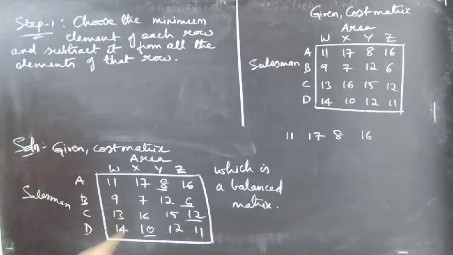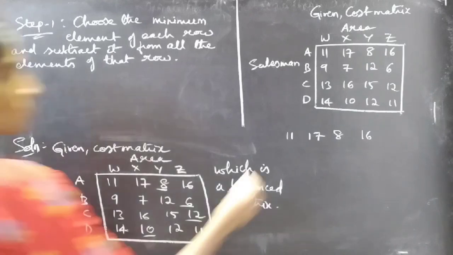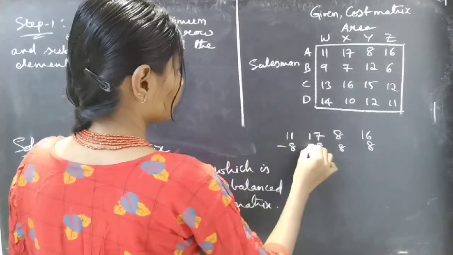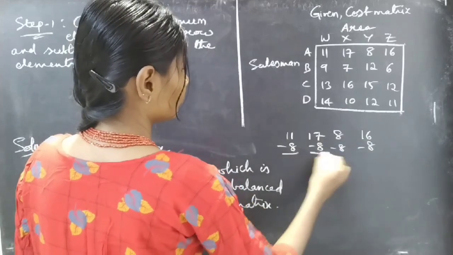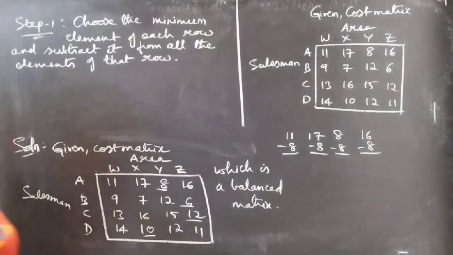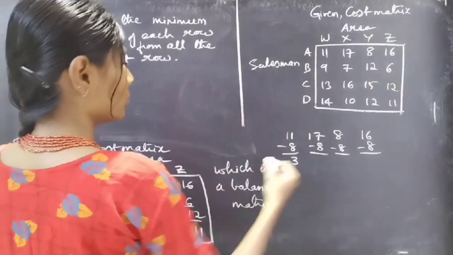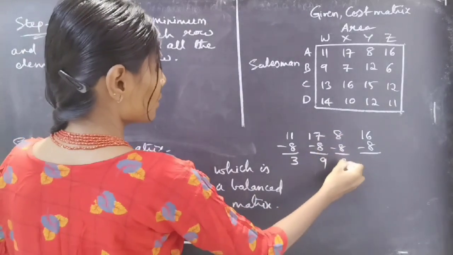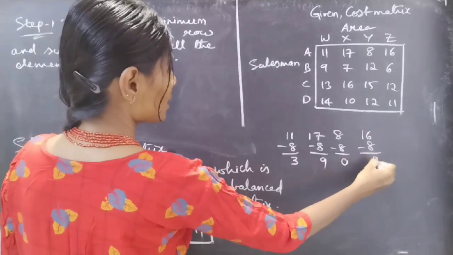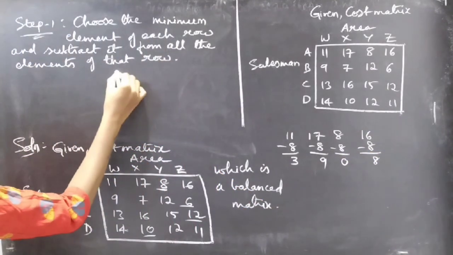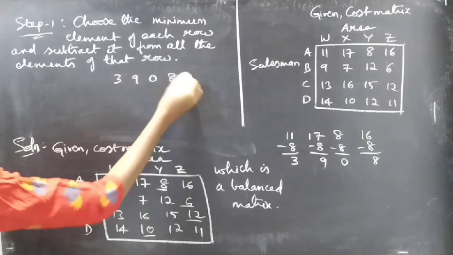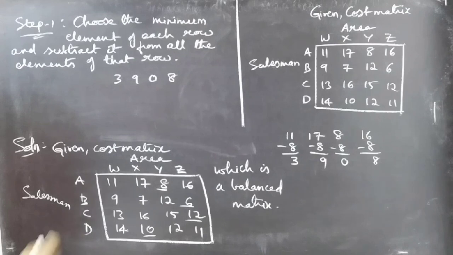Here we have to subtract 8, which is the minimum element, from all the elements of the first row. 11 minus 8, 3. 17 minus 8, 9. 8 minus 8, 0. 16 minus 8, 8. So in the first row, we'll get 3, 9, 0, 8.